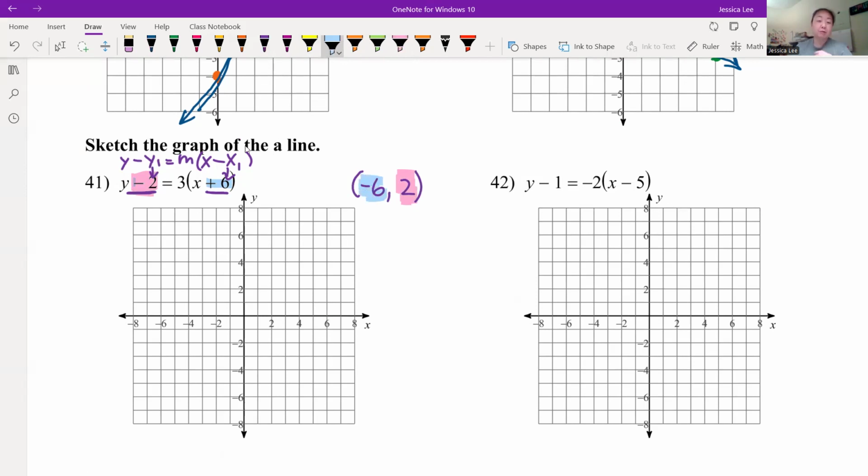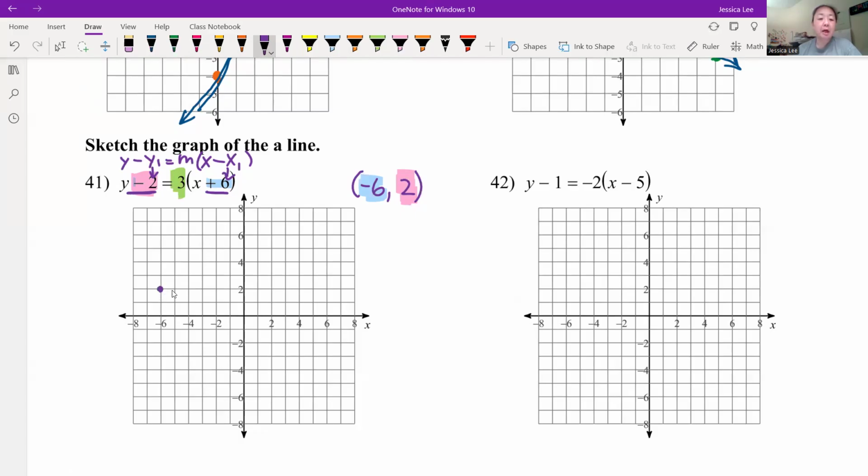Okay, that's where that's from. And my slope is still going to be green, so there's my green slope right here. Okay, so again, we're going to work with the point. Oh, pink and blue, we'll call that purple. So purple will be my point: -6, 2.